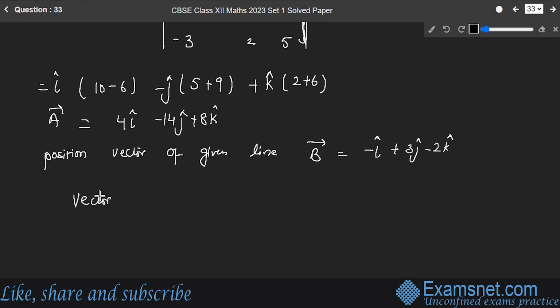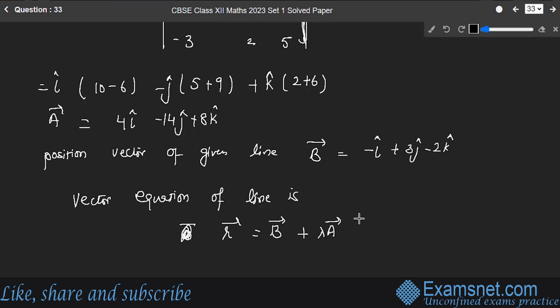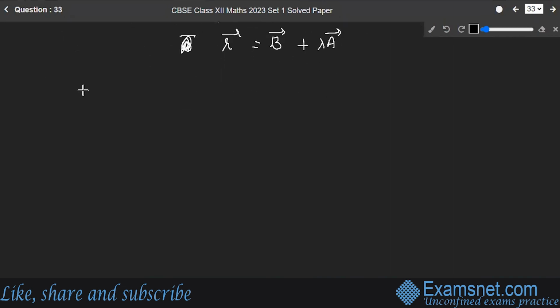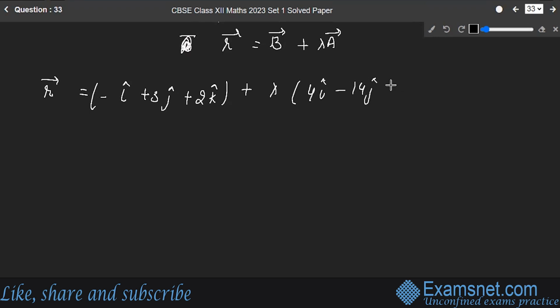So the vector equation of the line is r equal to B plus lambda times the A vector. This gives r equal to minus i plus 3j minus 2k plus lambda(4i minus 14j plus 8k).